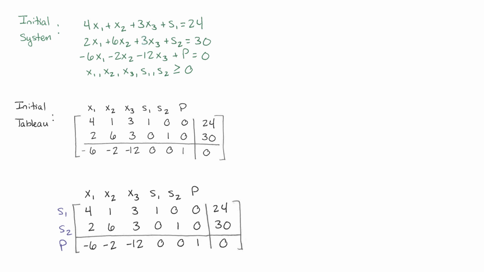Because S2 has a 1 in row 2, it's going to represent row 2, and P represents row 3. So right now, S1 is 24, S2 is 30, and P is 0. And this makes sense because as of this moment, the company has not made any batches of nails, bolts, or washers. So all they have is the full amount of steel and zinc and no profit.